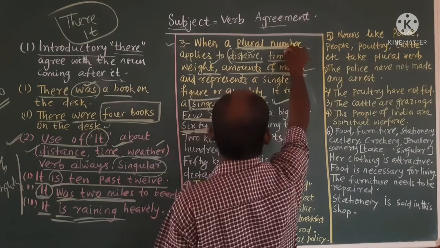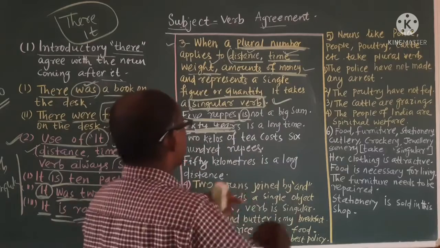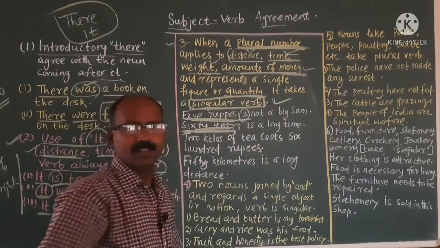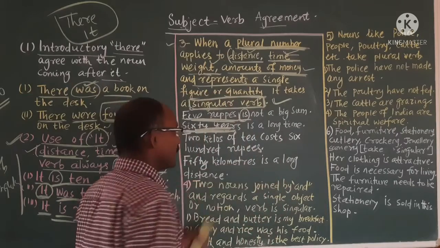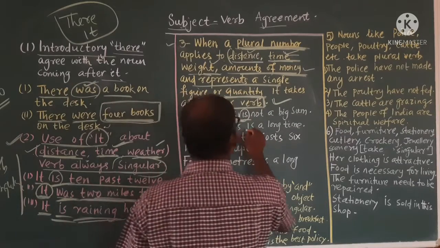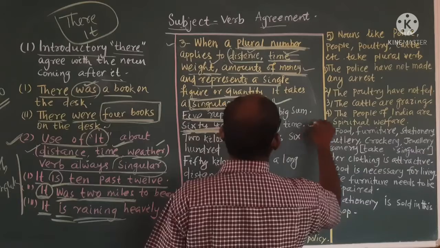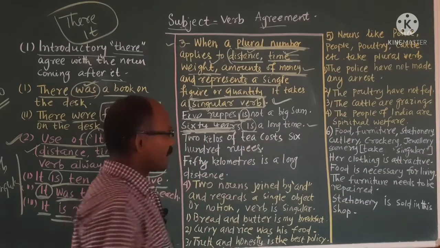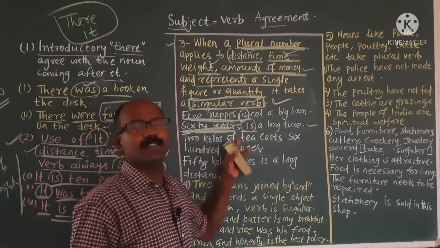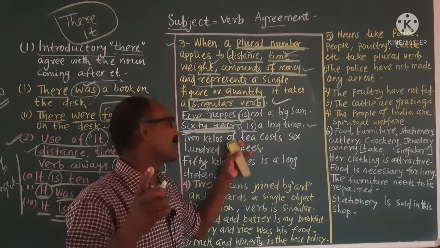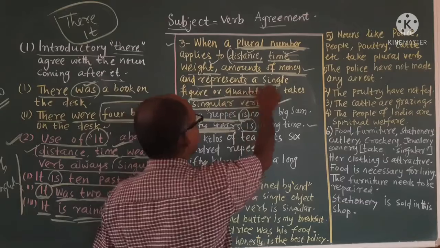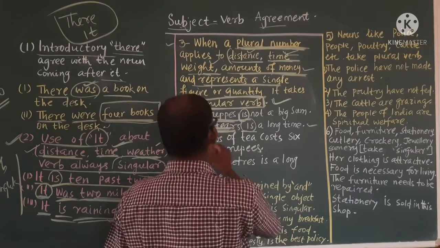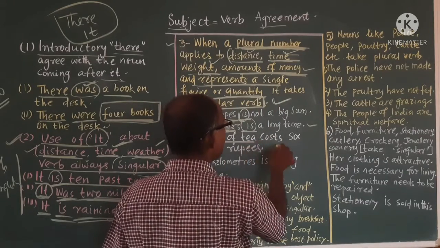It represents a single figure. 60 years means a single figure, a single figure or quantity. So 60 years is a long time. Okay, singular, complete. Then 2 kilos of tea. 2 kilos seems plural, but it indicates 2 kilos as a single figure or quantity. So 2 kilos of tea costs.